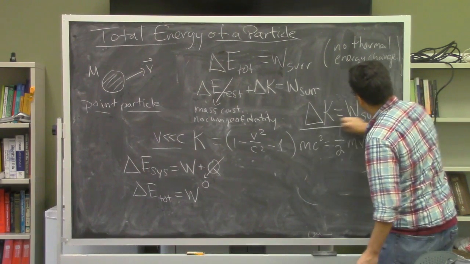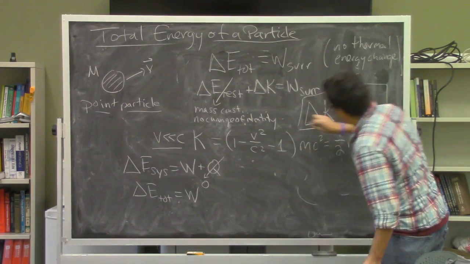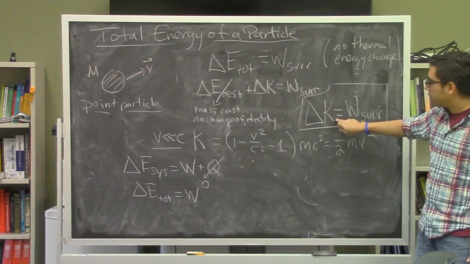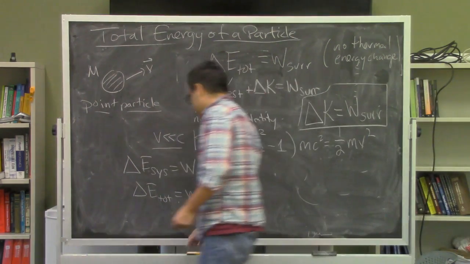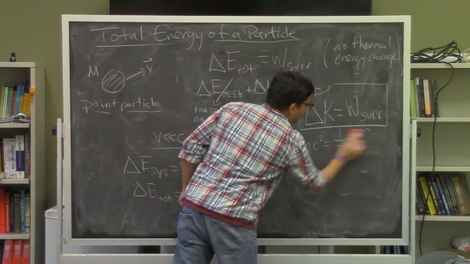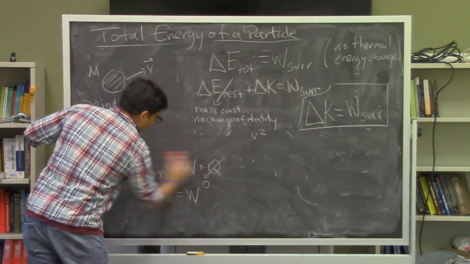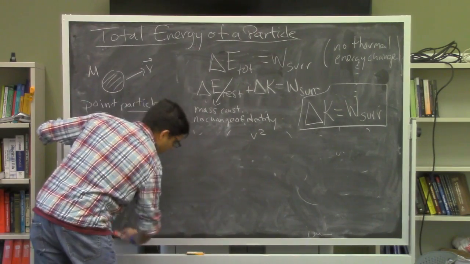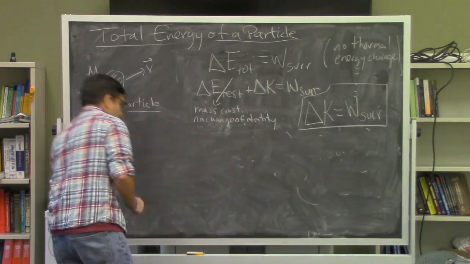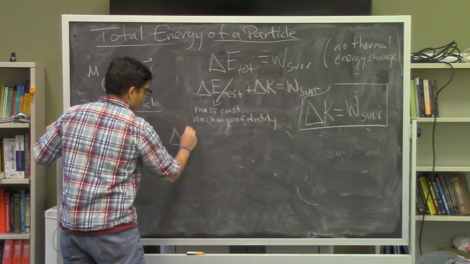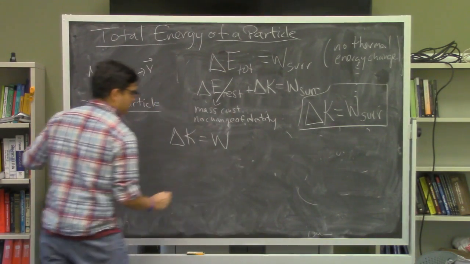And what that leaves us with is the conservation of energy in its most simple form. That is, the work done by the surroundings relates to the change in kinetic energy of the particle. So this is conservation of energy in the most simple form that we can think of it. One thing that allows us to do is make predictions about how the kinetic energy is going to be given some initial conditions. So the change in kinetic energy is equal to the work that's done.